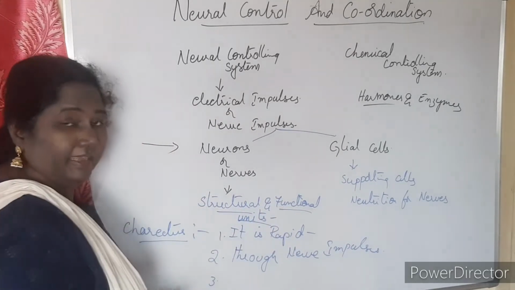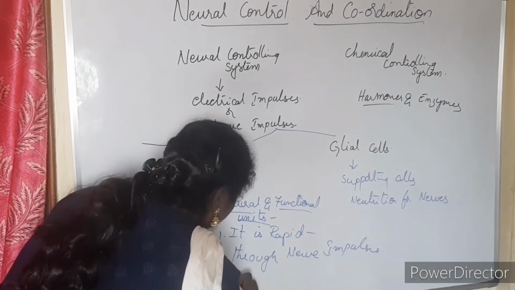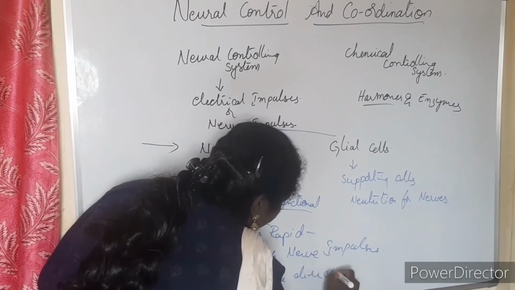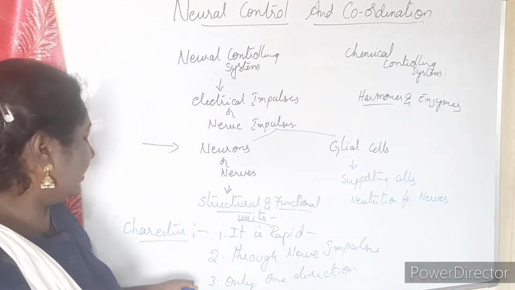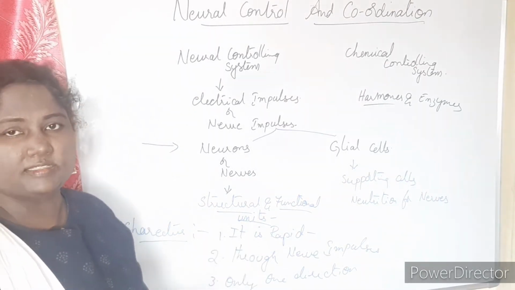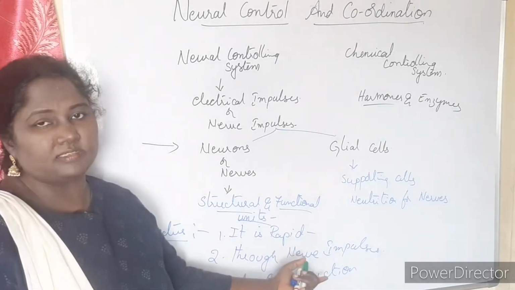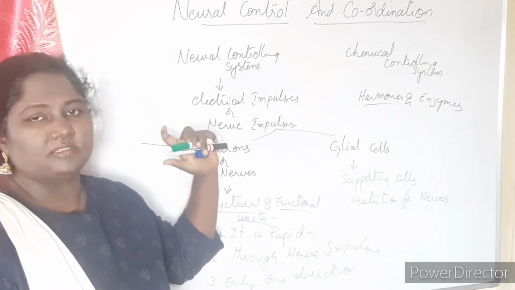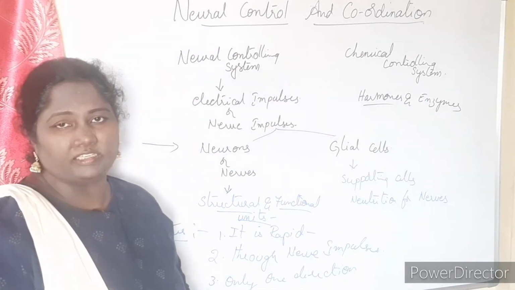The third characteristic is that it passes the impulses in only one direction. The impulses generated here are passed in one direction. Since it is fast, many uses are there, which we will discuss later in the lesson. So these are the main characteristics: the signals created by the nervous system are passed through nerve impulses, and in one direction.